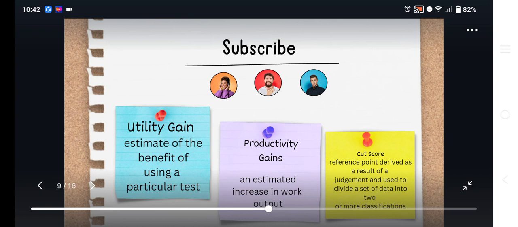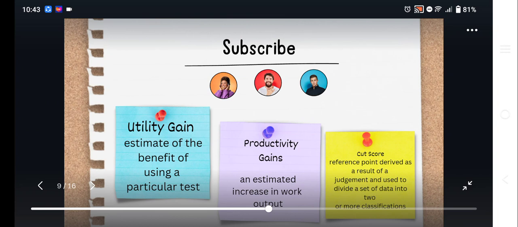Relative or norm-referenced cut scores are based on norm-related considerations rather than on the relationship of the test score to a criterion. The cut score in use would be relative to the scores achieved by a target group.